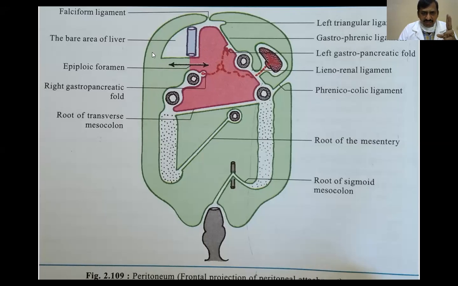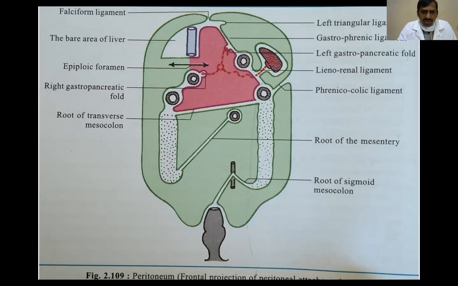One is the right posterior recess. This is very important because it is also called Morrison's pouch. This is the most dependent part of the supracolic compartment of the peritoneal cavity when lying down.